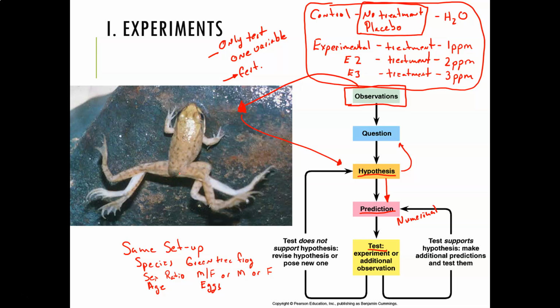All right. And then the other thing that we want to try to do here is get rid of some bias. So looking at the control groups and the placebo groups, one of the ways that you can eliminate bias is by having what is known as a blind study.